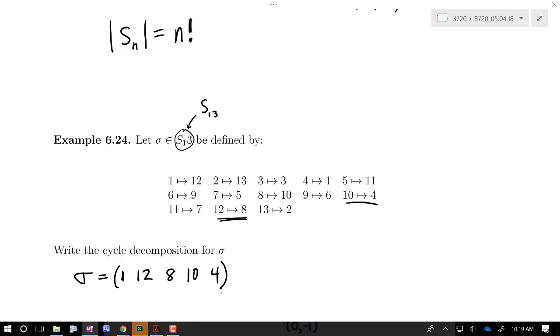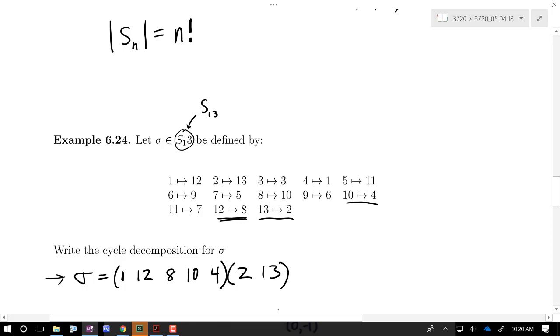So I'm looking through this, I'm looking at the elements that I have in this first cycle. I'll notice that 2 is not in there, so that's where I'll start my next one. Where does it send 2? To 13. Sends 2 to 13, and then 13 gets sent back to 2, so we close that off.